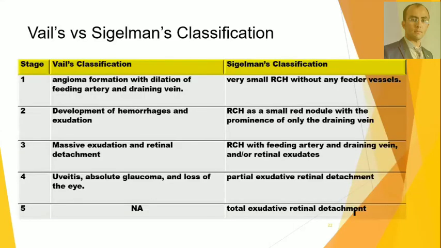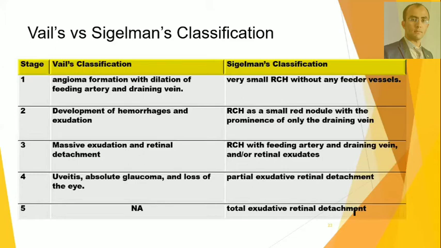There are multiple schemes. The most commonly known, older classifications, which are most widely practiced, are the Wells classification and Singelmann's classification. The Wells classification has 4 stages, and the Singelmann's classification has 5 stages.